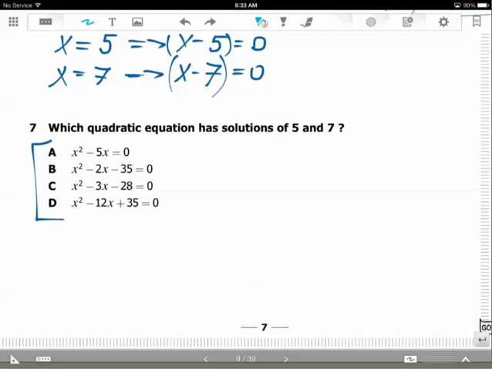So your trinomial, the right answer in here, should be x minus 5 times x minus 7. And because we're dealing with an equation, that should be equal to 0.